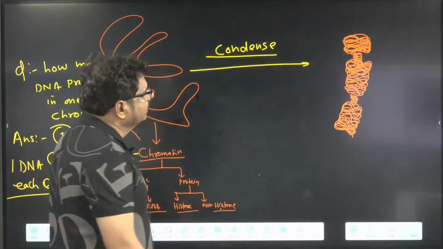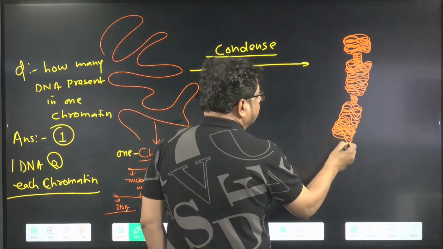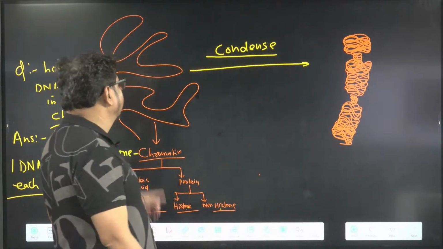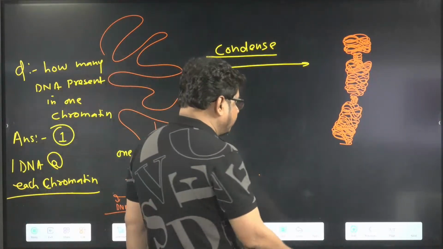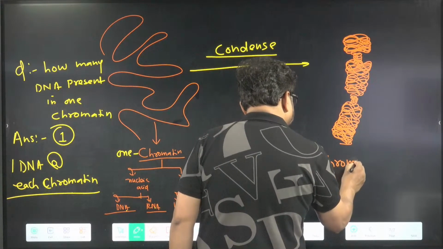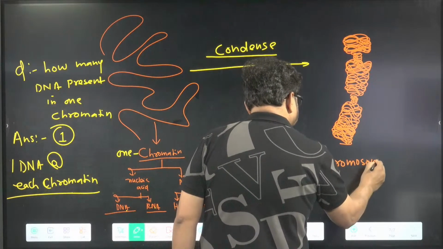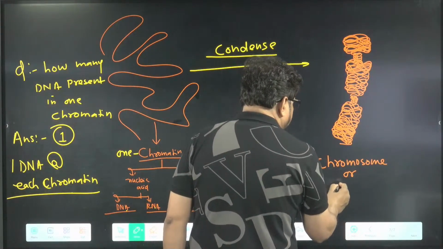So it becomes like this after condensation. And this structure is called what? Chromosome. Or it is also called chromatid.